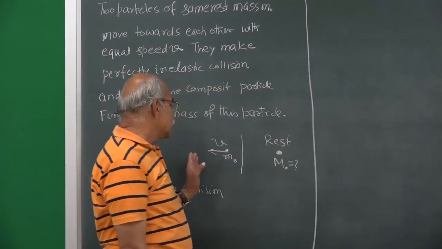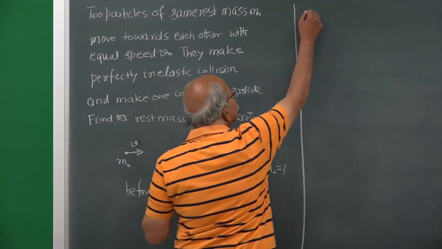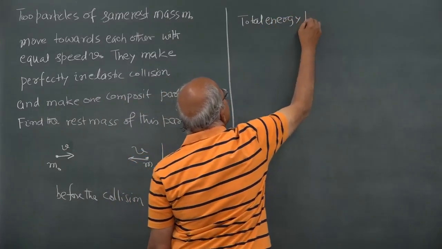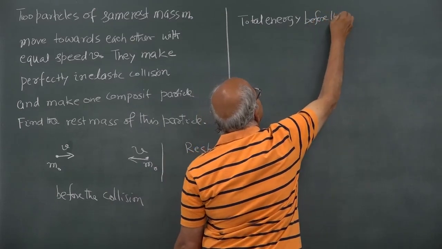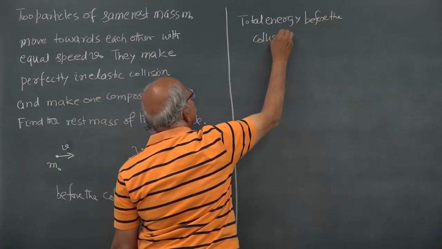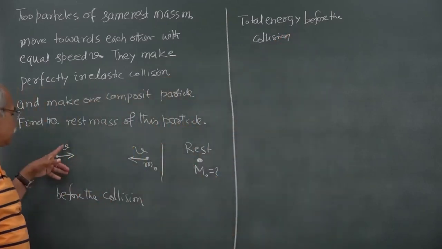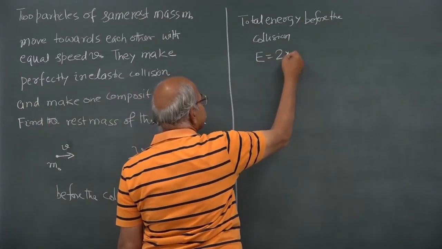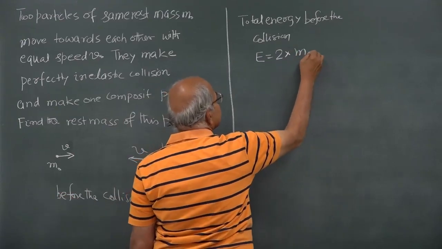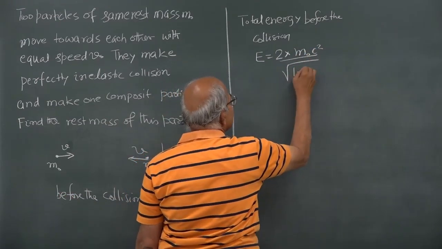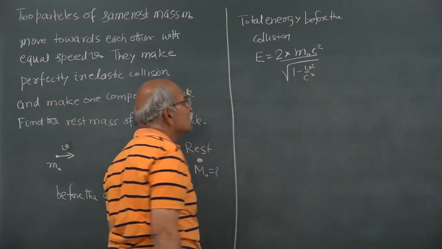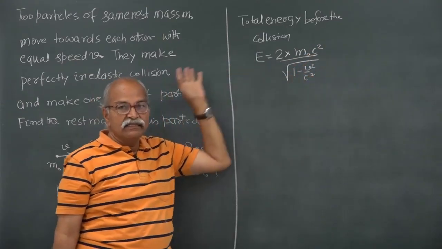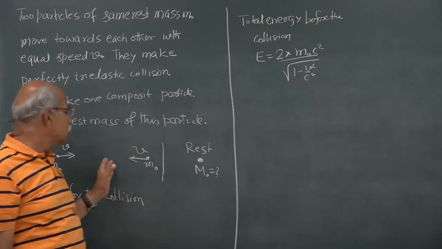So total energy should be conserved, and the total energy before the collision is 2 times m naught c square by square root of 1 minus v square by c square, that is 2 times m naught c square into gamma, the total energy of the two particles before the collision.